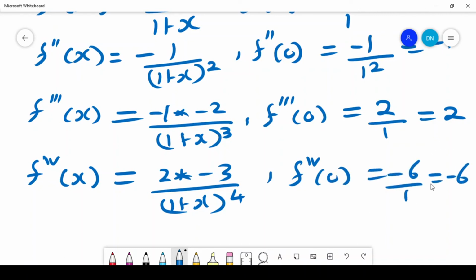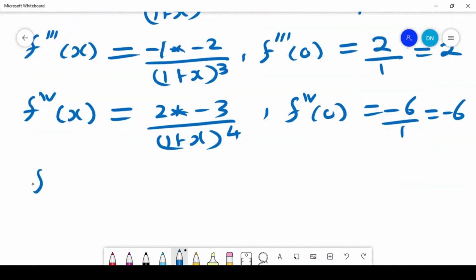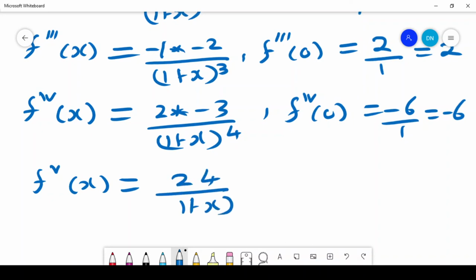And then finally the fifth term that we have, f5 of x, is negative 6 times negative 4, which is 24, over 1 plus x raised to power 5. And then f5 at 0 is equal to 24.